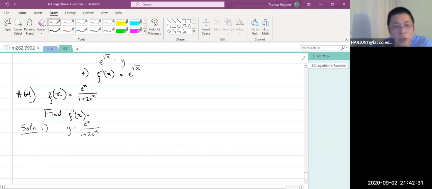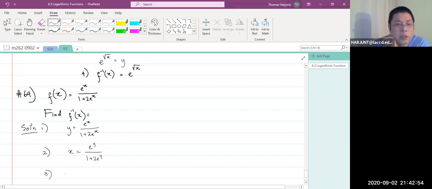You can actually think of this e to the x as your u. You solve for u first. Okay, you can think of it that way. So I will swap the x and y: x equals e to the y over 1 plus 2 e to the y.